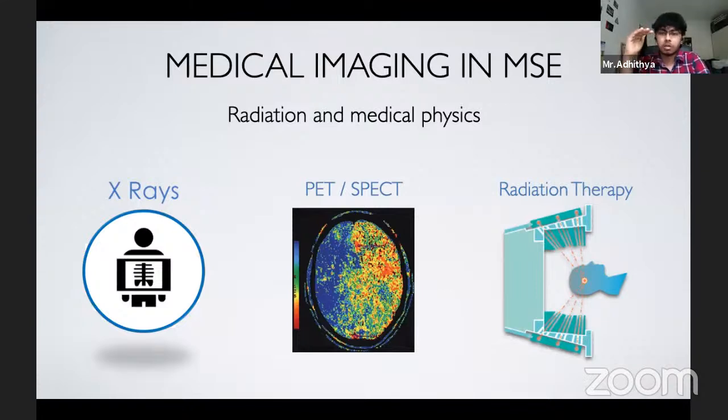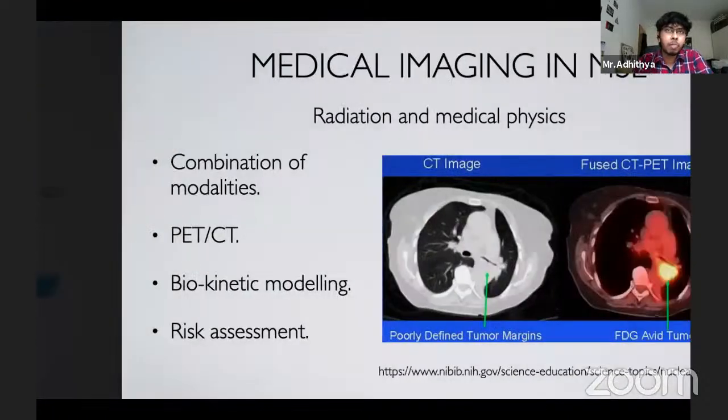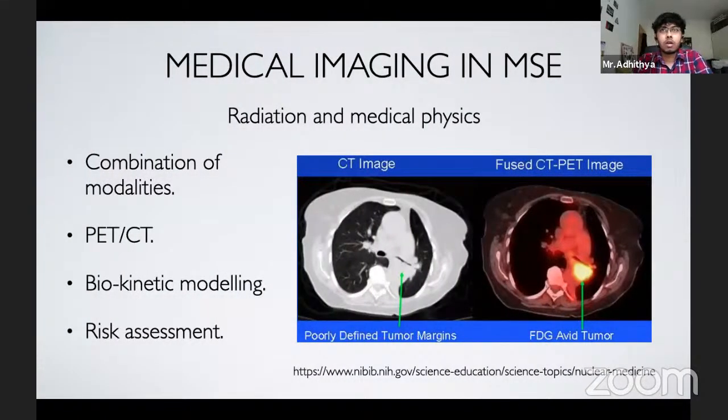After this limit has been reached, radiographers are not supposed to work anymore, and we can also monitor this using dosimeters. So that is the one small disadvantage with respect to radiation physics, but the advantages outweigh the disadvantages. That's why we keep on using these technologies.